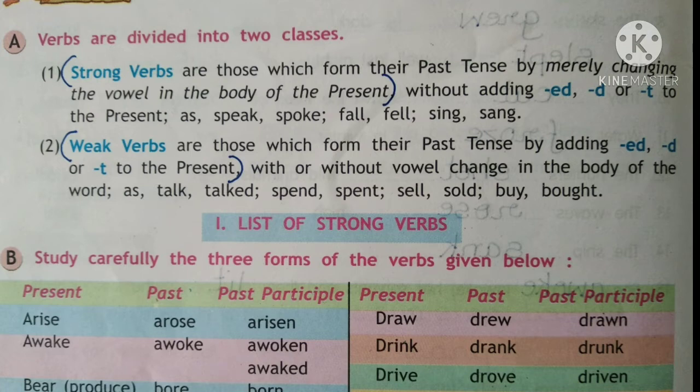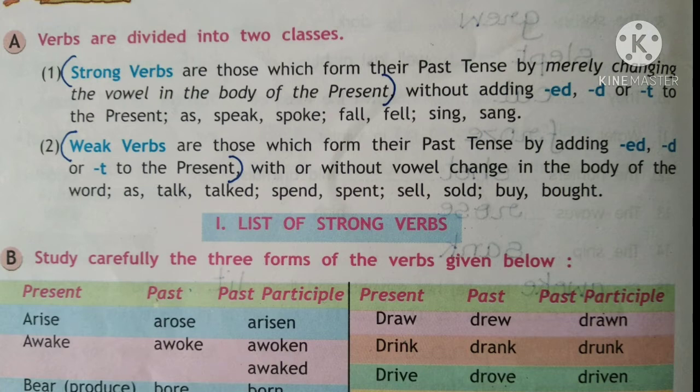When we change verb 1 into verb 2, the simple past, sometimes we add d, ed or t to the present verb, or sometimes we change the spelling of the present verb and write the past. So, strong verbs are such verbs where we change the spelling. The vowel in the verb is changed to make the past tense.